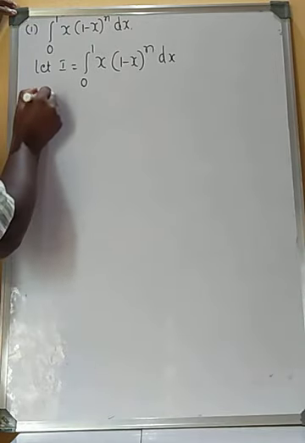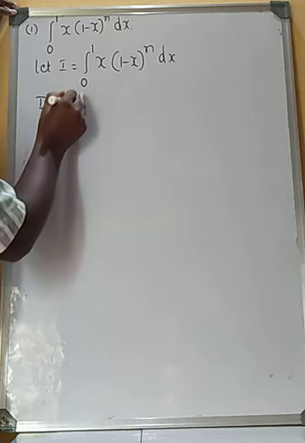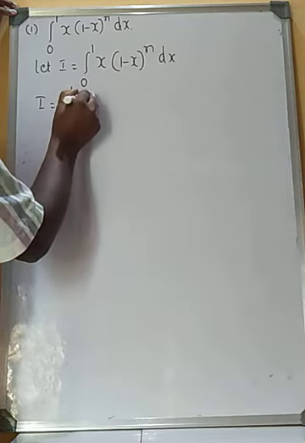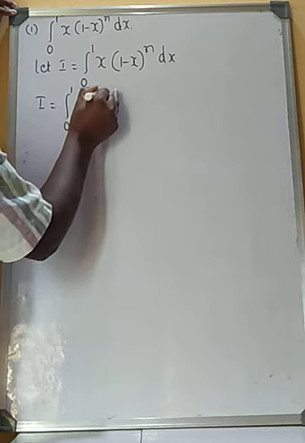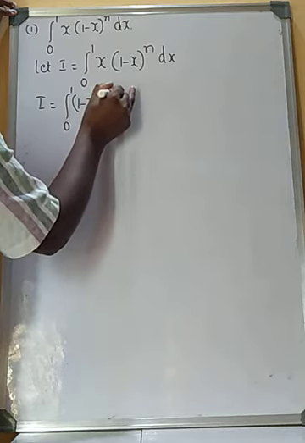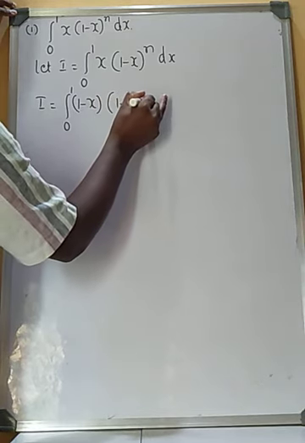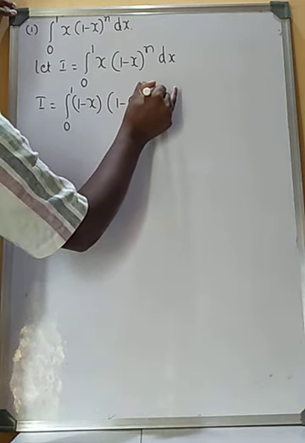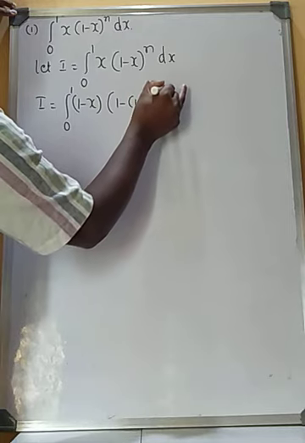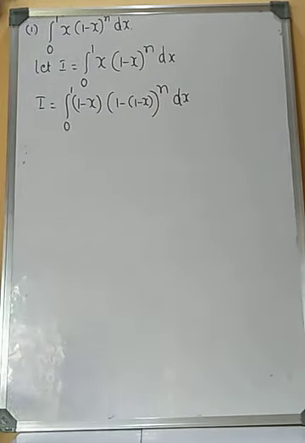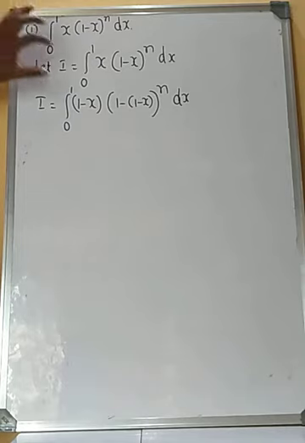Therefore I is equal to integral 0 to 1 of (1 minus x) into (1 minus of (1 minus x)) whole power n into dx, by using property 5.